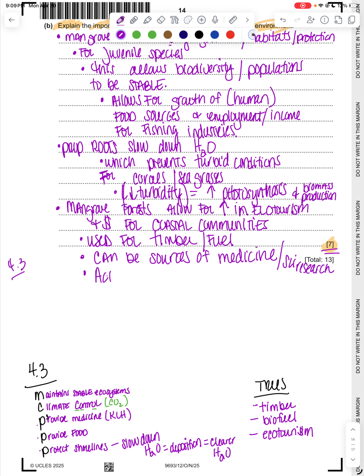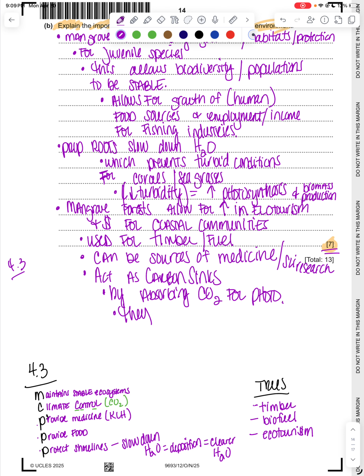They act as carbon sinks. Or you can say they help provide climate control by absorbing CO2 for photosynthesis or during photosynthesis. They're a great source of oxygen.